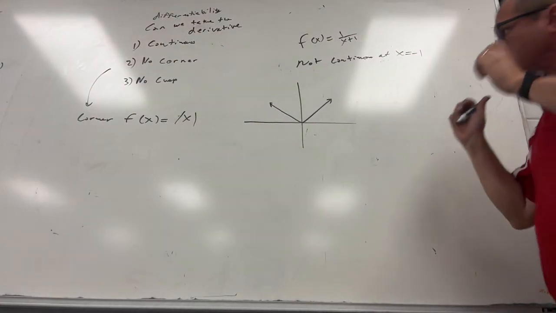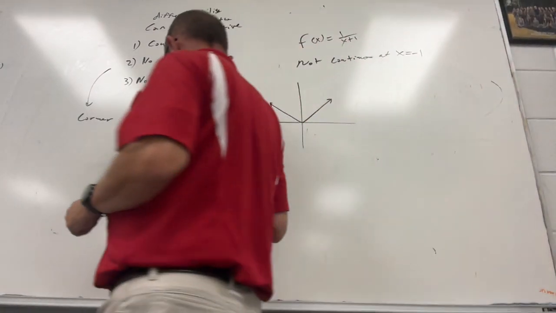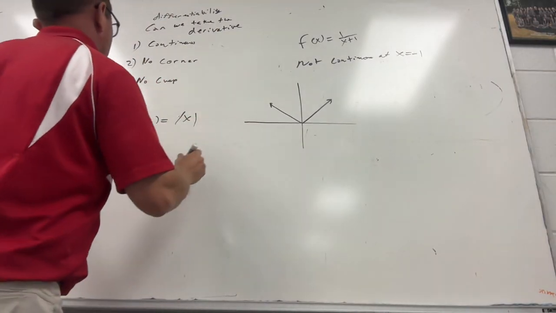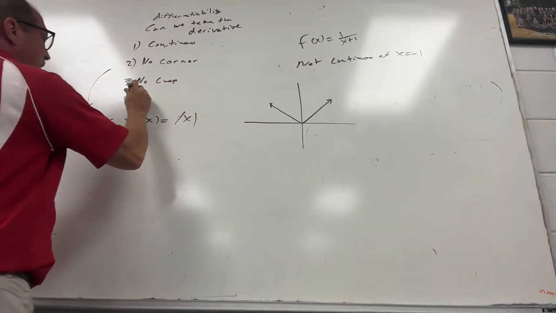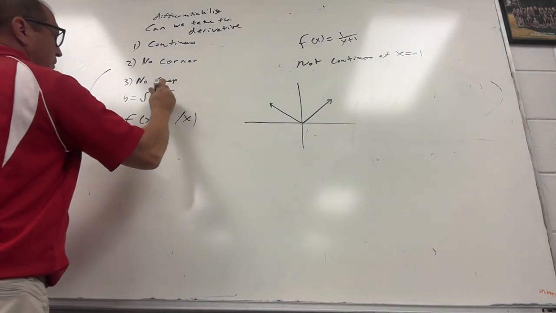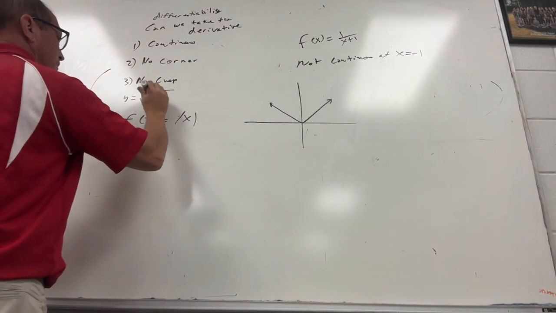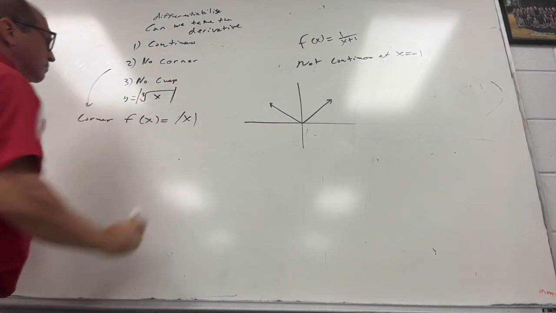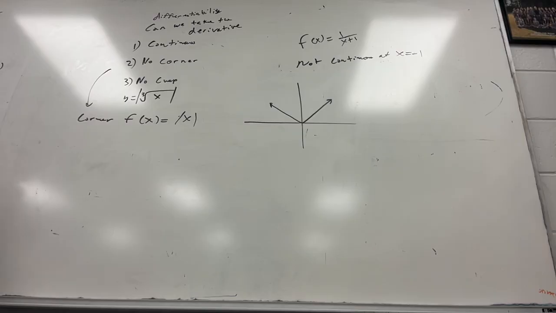The cusp looks like, okay, let's say we have y equals the absolute value of the cube root of x.